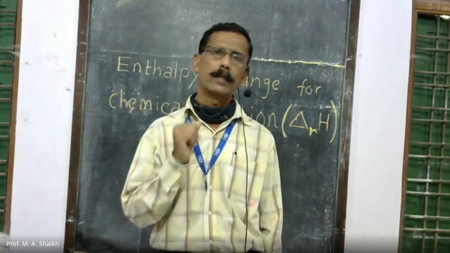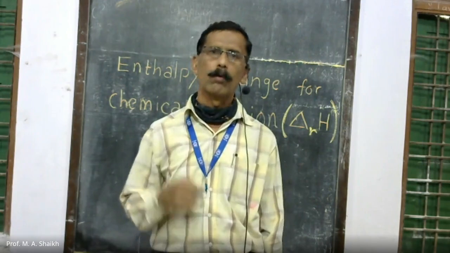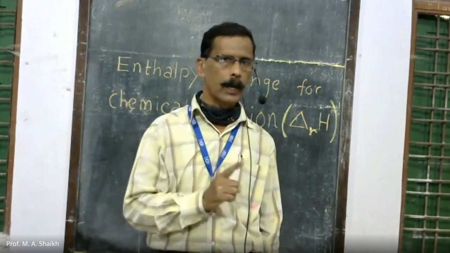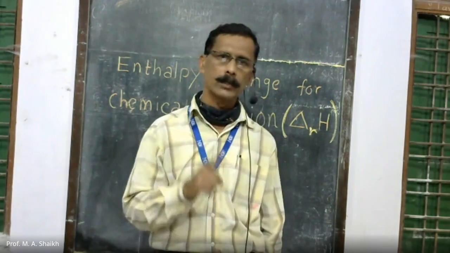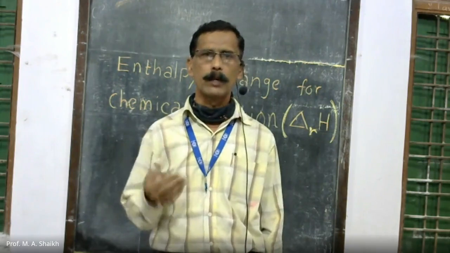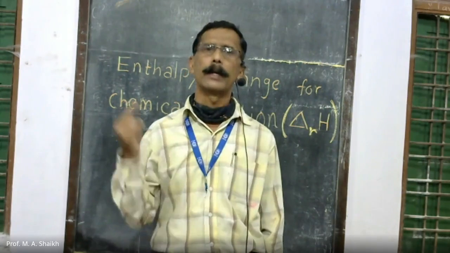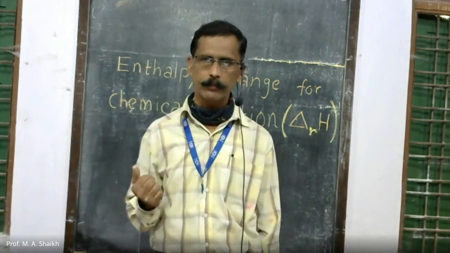Students, 1 is the number for initial state and 2 is the number for final state. Delta H is enthalpy change. H2 is enthalpy of system at the final state and H1 is the enthalpy of system at the initial state.